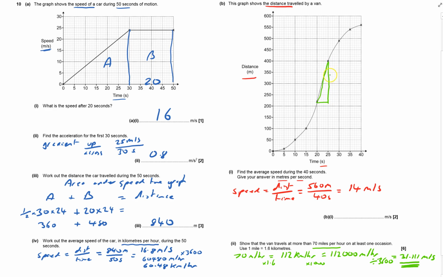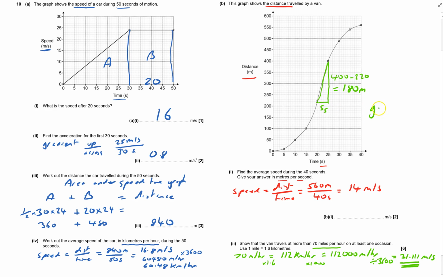I'll do all the work on the graph because I'll get all the marks for it, and it's easy to see. So what's it gone up by? That's gone up from 400, and I've got to take away 220, and that equals 180. It's gone up 180 meters, and it's gone across 5 seconds.